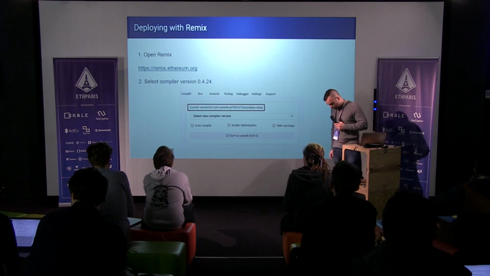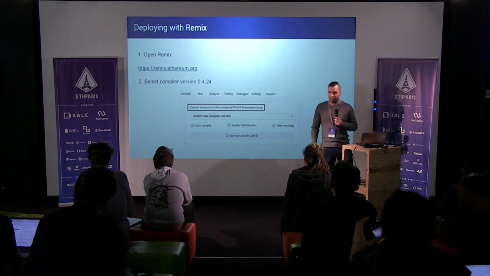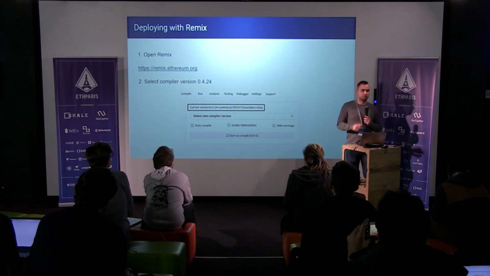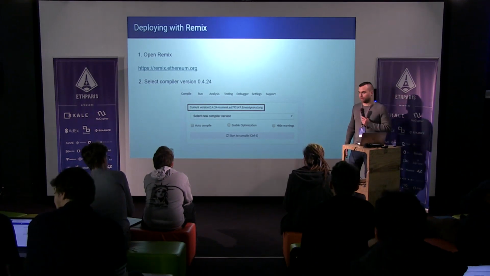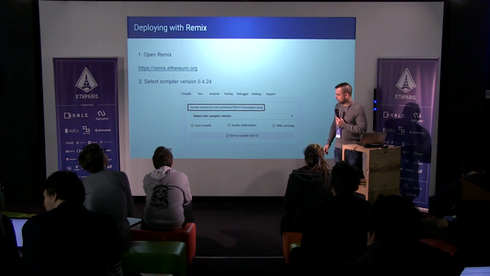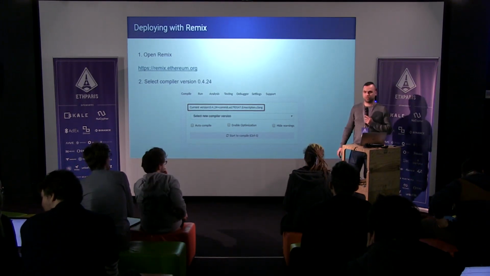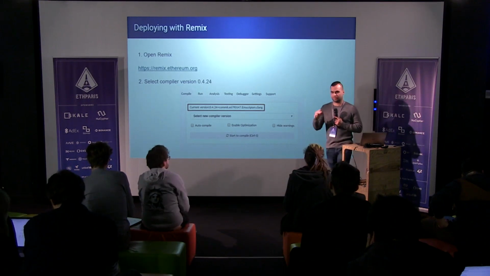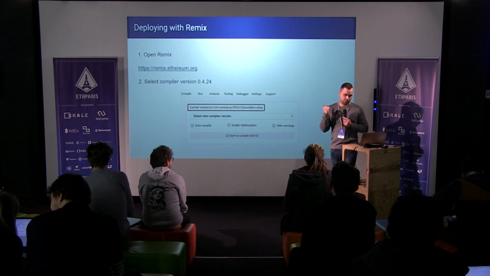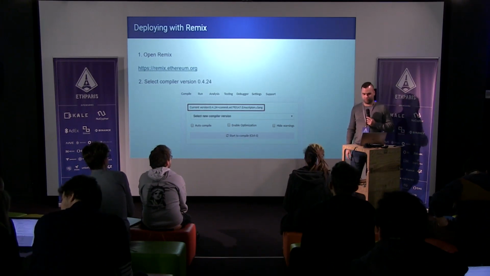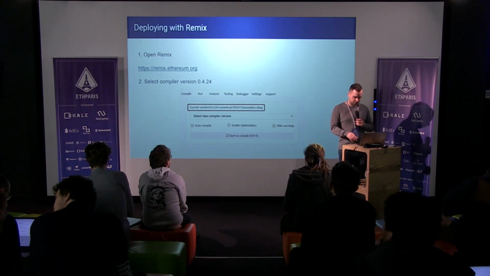So, let's get going. If you're not doing this workshop, don't worry, because I'm going to do it at the end, but it's good for you to follow through. When you get to Remix, make sure you change your compiler version to 0.4.24. The flat file source we're going to be linking to is 0.4.24, so it won't build unless you select that compiler version.